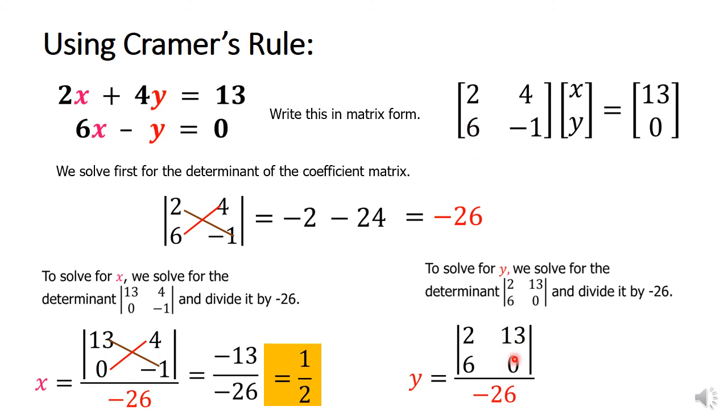The divisor is still negative 26. Determinant formula: 2 times 0 is 0, 6 times 13 is 78. 0 minus 78 is negative 78. Negative 78 over negative 26 gives us positive 3.